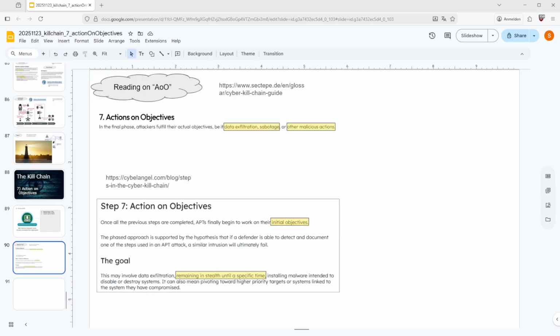Pretty interesting. So I like this Sybil Angel. This was a good start, I think. We have another one from EC Council, and I tried to squeeze it on the same page here. Let's see.